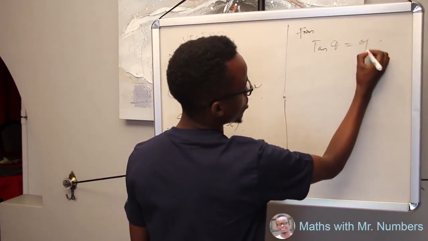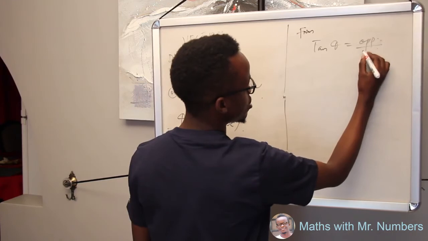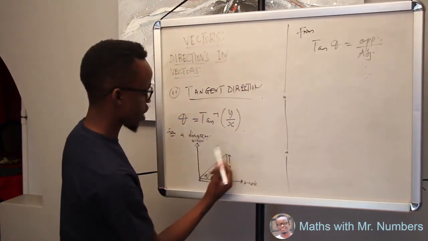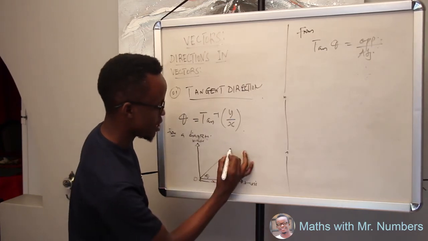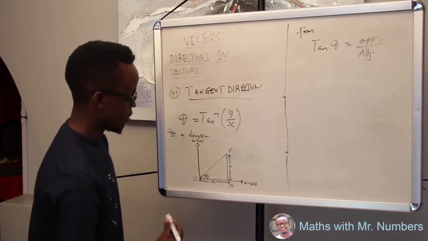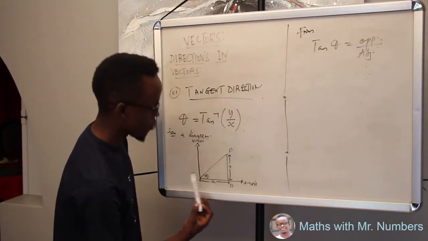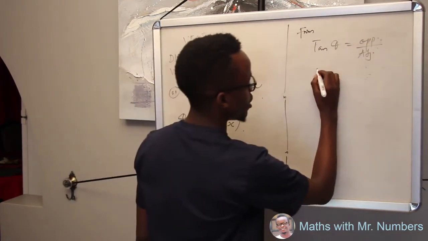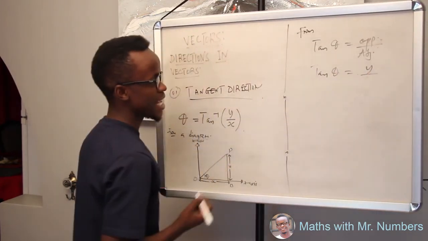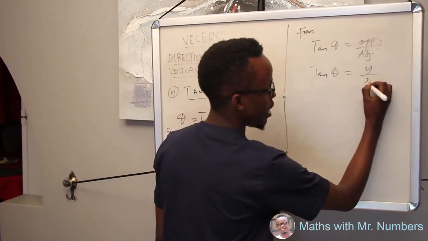tan theta equals opposite over adjacent. From this triangle OPD, the opposite of angle theta is y, and the adjacent of angle theta is x.